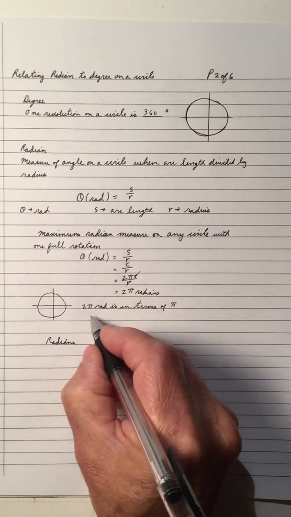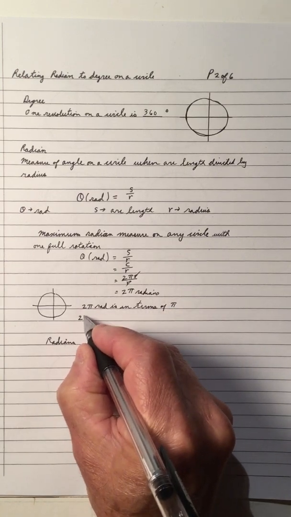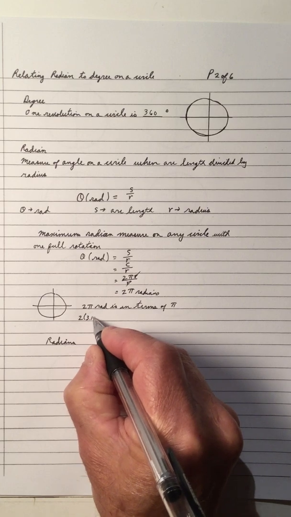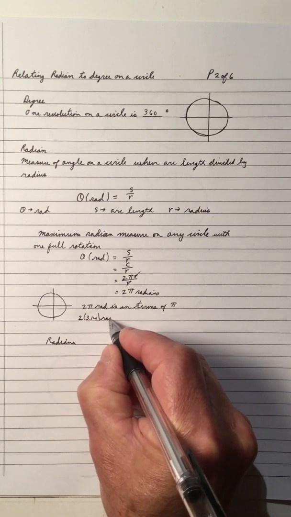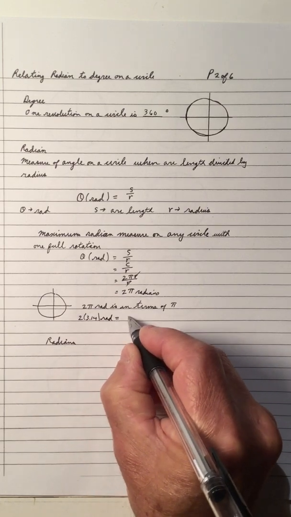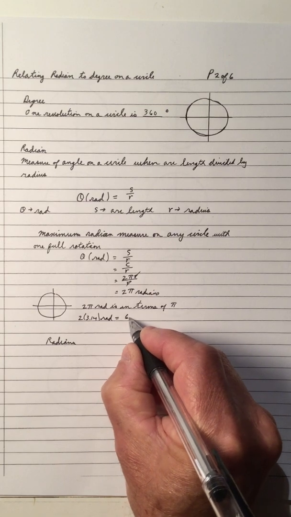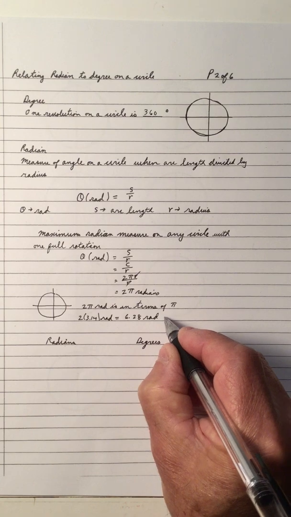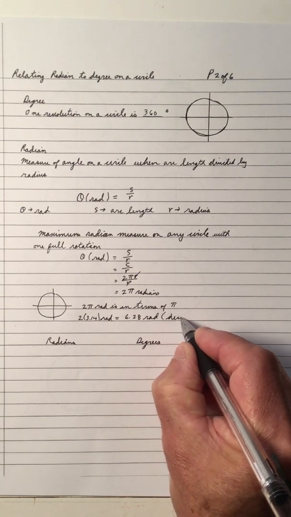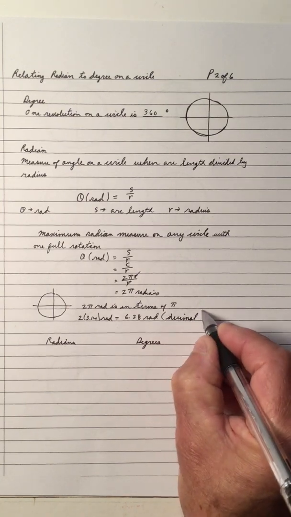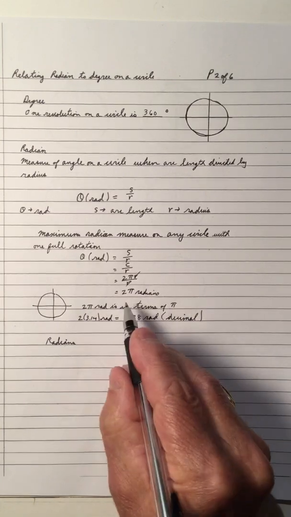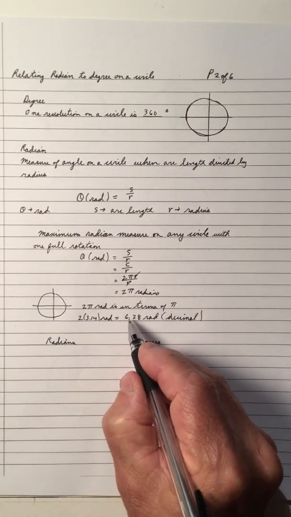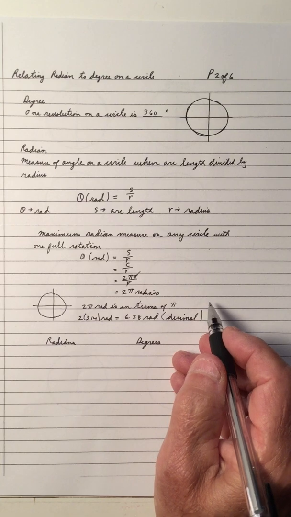But if you want, we could take pi and change it to 3.14, and that'll be equal to 6.28 radians as a decimal. So a radian measure for a full rotation is 2 pi, or as a decimal, 6.28.